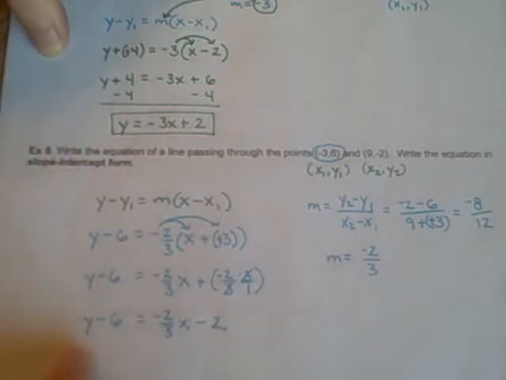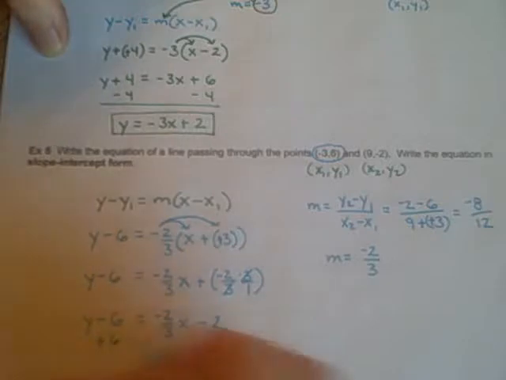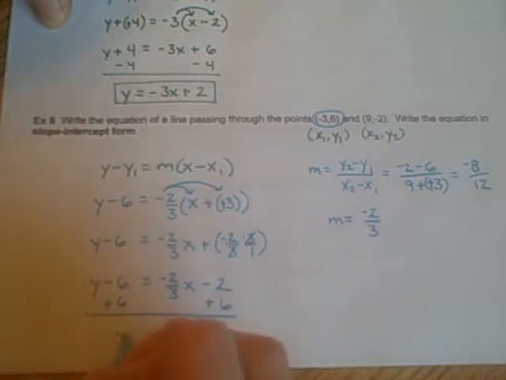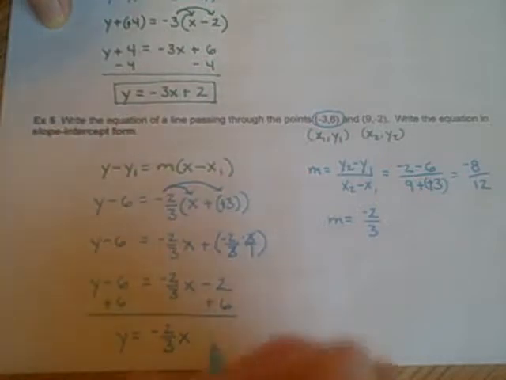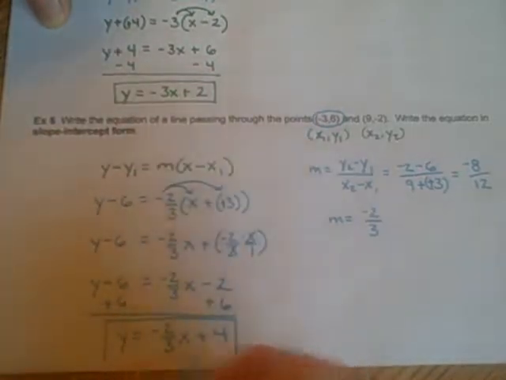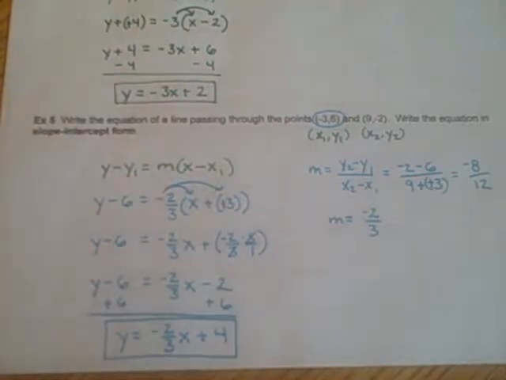One more step to make this look like slope-intercept. Add the 6 over, and we end up with y equals negative 2/3 x plus 4. Final answer.